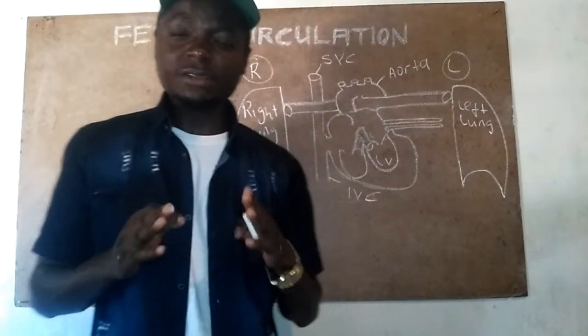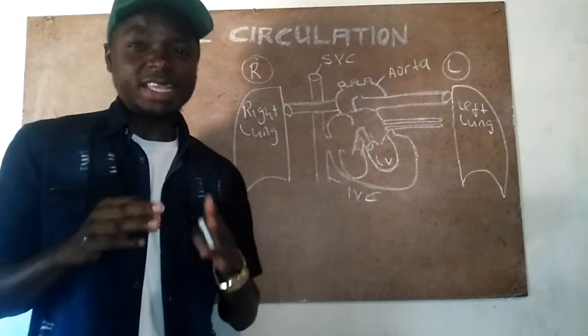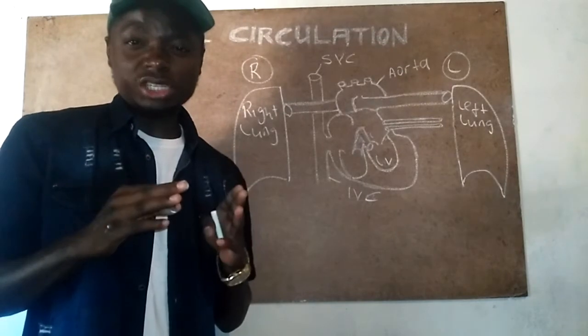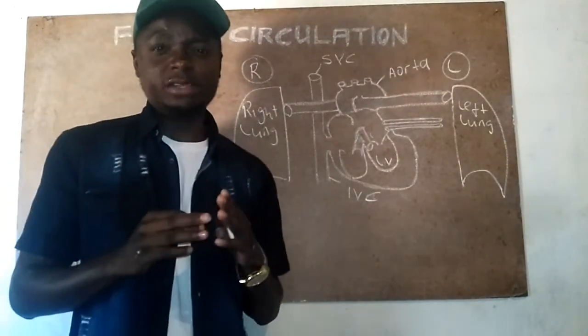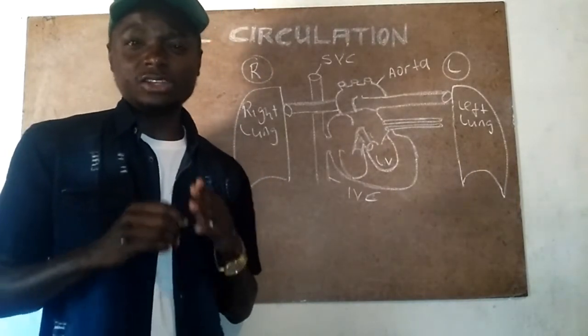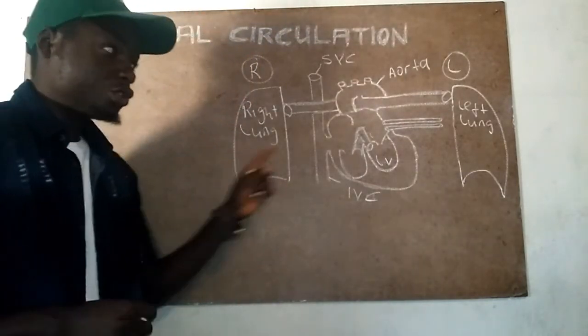Since we are talking about fetal circulation, it is very important for us to understand the anatomy of where the oxygenated blood is coming from. Where does this fetus get its oxygenated blood from? And where does it take its deoxygenated blood to be reoxygenated, since the lungs are not working?